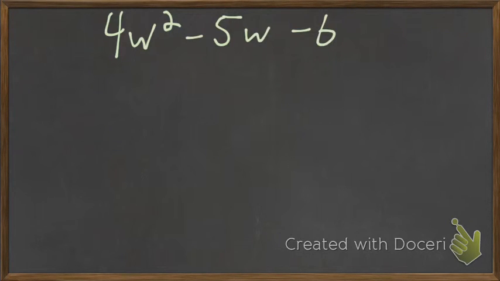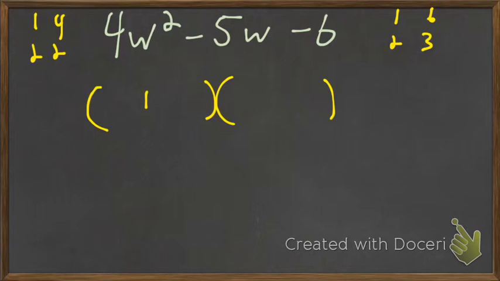All right, now, these are realistically the tougher problems, okay, because A and C are not prime. So there's multiple combinations of things that we can try here. I know for 4 it's either 1 and 4 or 2 and 2. For 6 it's either 1 and 6 or 2 and 3. So we just got to play around with it until we figure out which one will give us a negative 5. All right, and that's why this is like a puzzle.